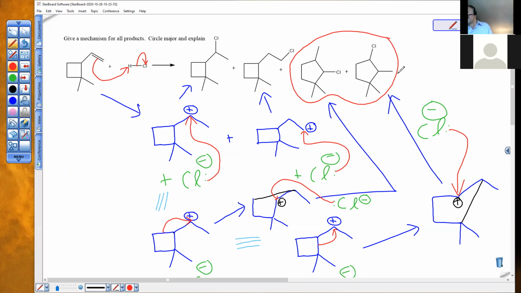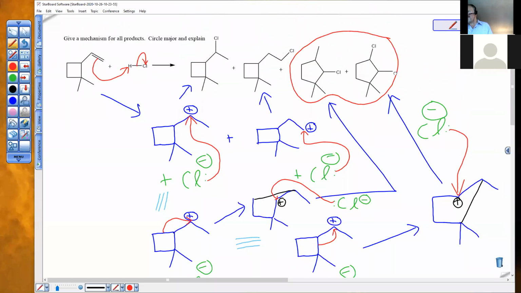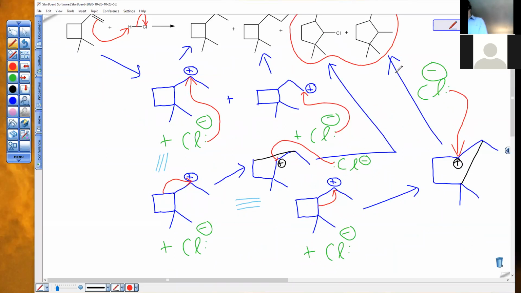Put your explanation at the point in the mechanism where you decided you made more of these cations than the others. And your explanation should be talking about this improved cation and this improved cation. Both cations.